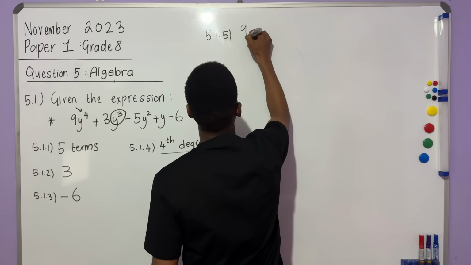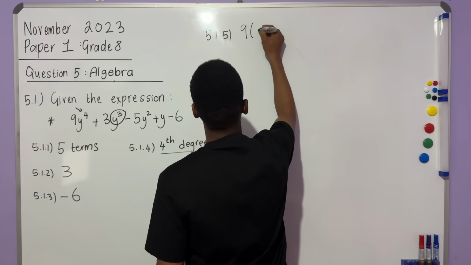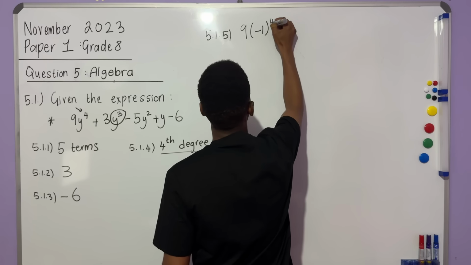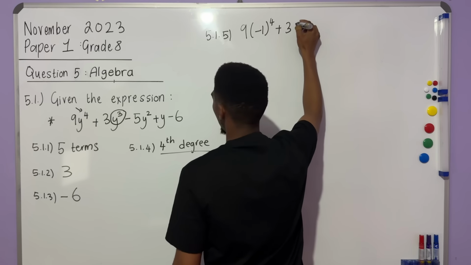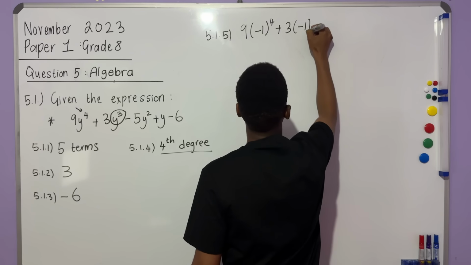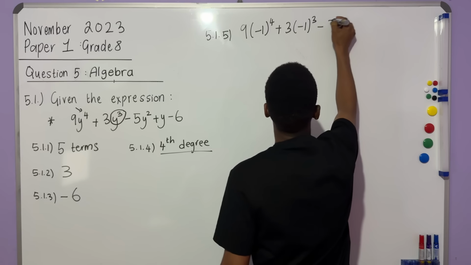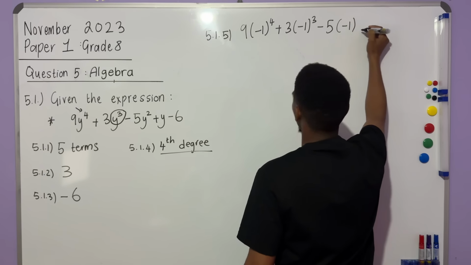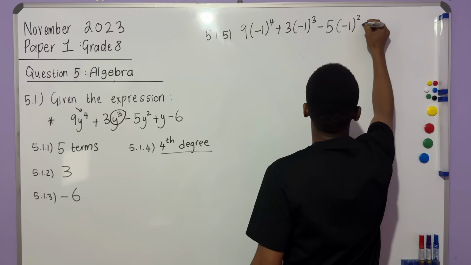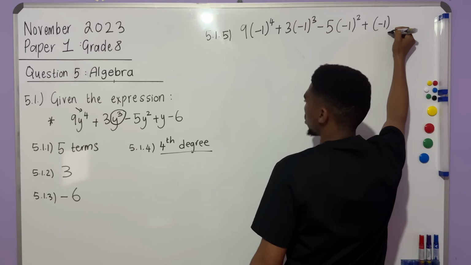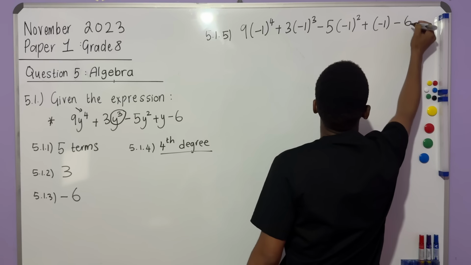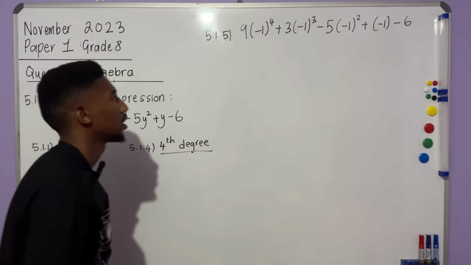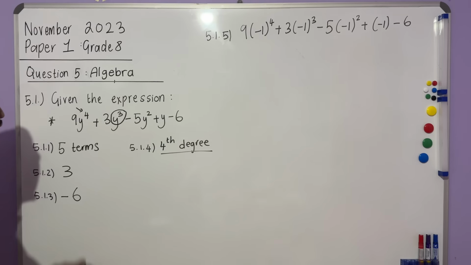So we're going to start with 9, brackets, minus 1, close brackets, to the power of 4, plus 3, brackets, minus 1 to the power of 3, minus 5, brackets, minus 1, squared, and then plus minus 1, minus 6. So wherever y was, we replaced the y with minus 1.